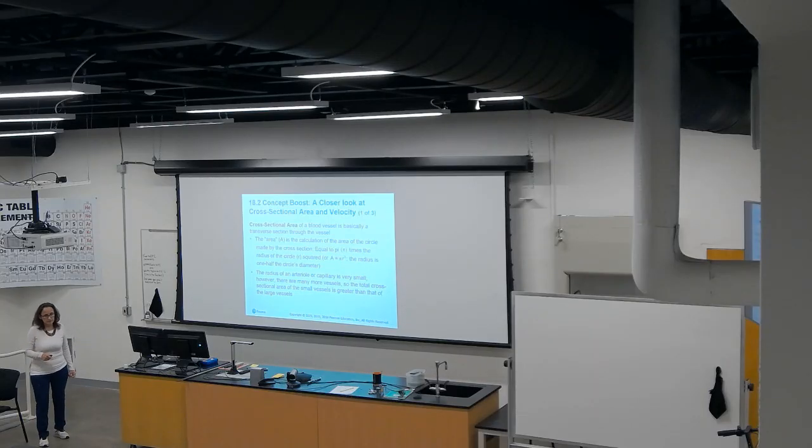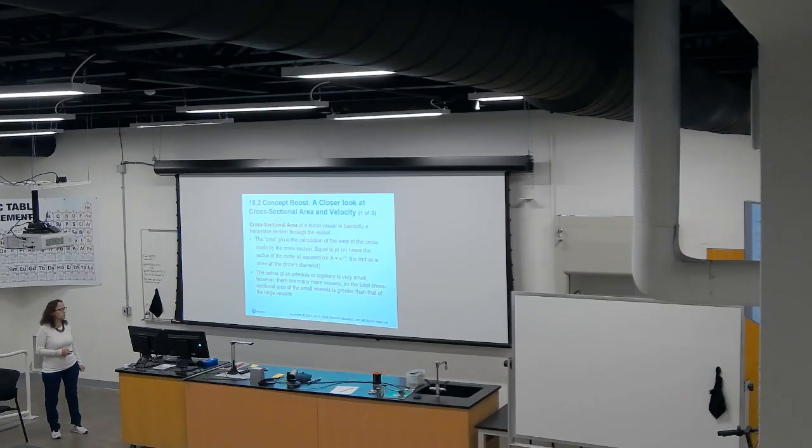So something that happens in cardiovascular physiology is that you don't have to have a great change in the diameter to influence the velocity. Sometimes when you have a very tiny change, like reducing the diameter by a few millimeters, you can increase the blood flow so much because of this formula.